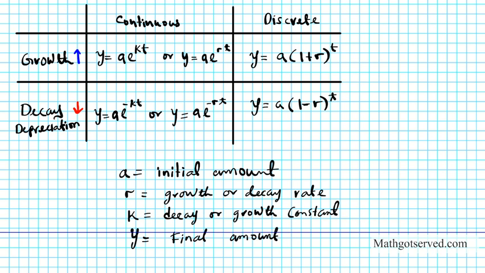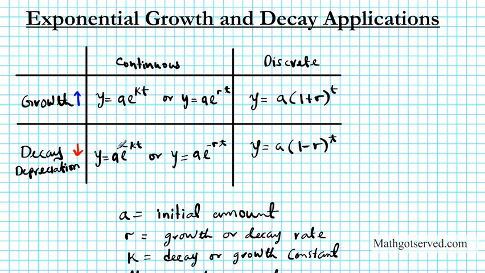Now, in most cases, you have continuous growth, which has to do with scenarios involving radioactive substances, like carbon-14 or plutonium, or population growth. In most cases, these are the kinds of problems that involve continuous growth.